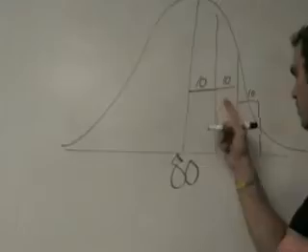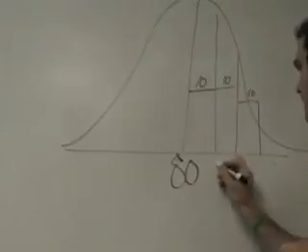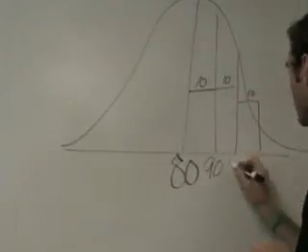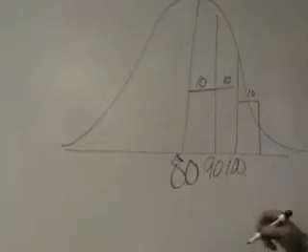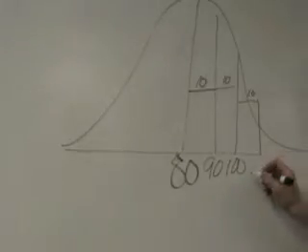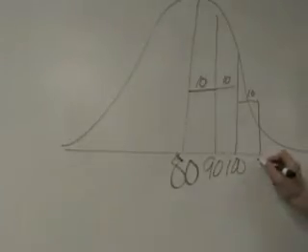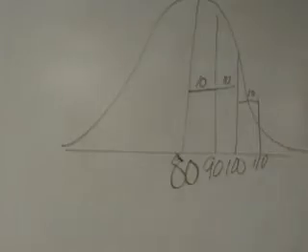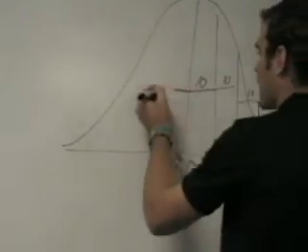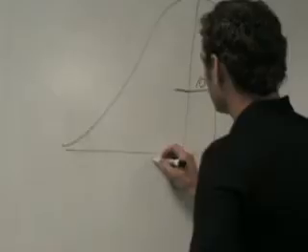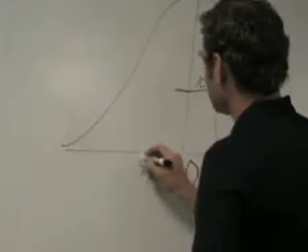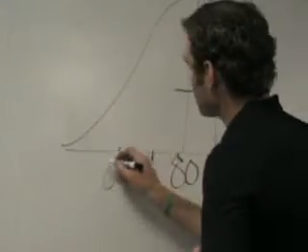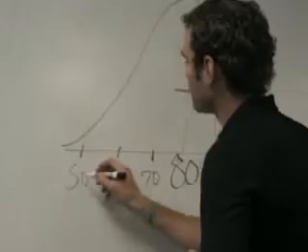Okay? Now, units of 10, if this is 80, you add 10, that's 90. You add 10, that's 100. And you add 10, yep, 110. Okay, same thing. We're subtracting. 70, 60, 50.